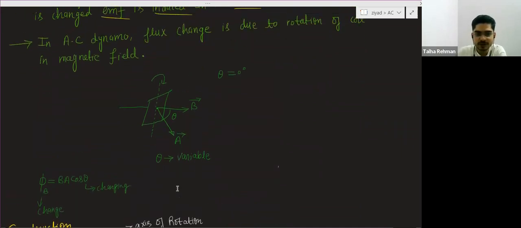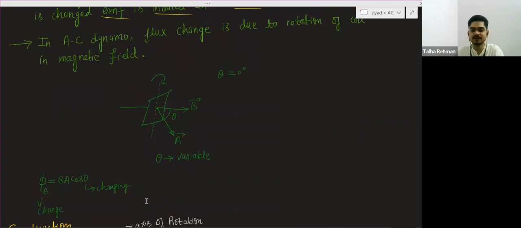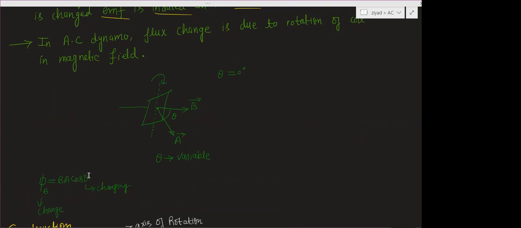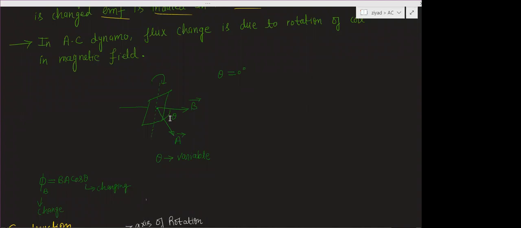So what is theta in the magnetic flux? I have told you the magnetic flux is given by BA cos theta. Theta is the angle between the magnetic field and the area vector. When the coil is rotating, the direction of the area vector is changing, so this theta is changing.